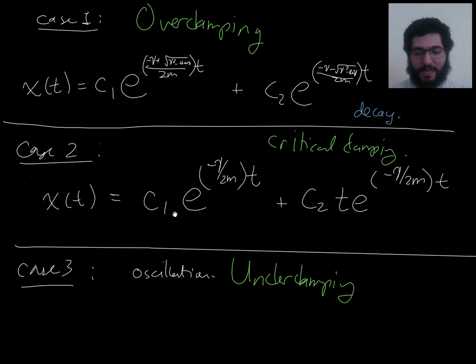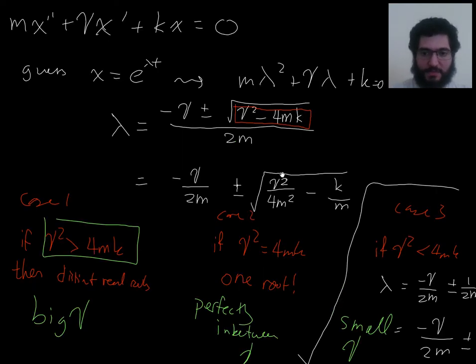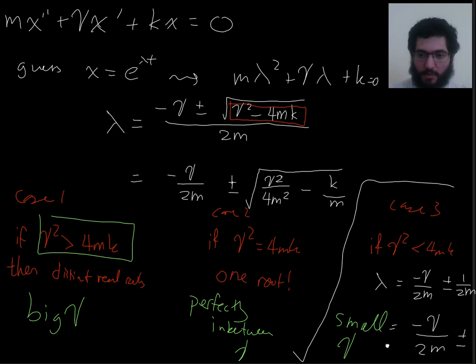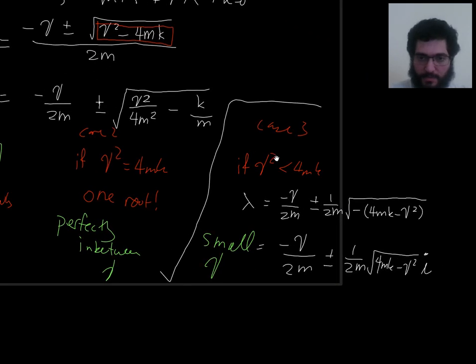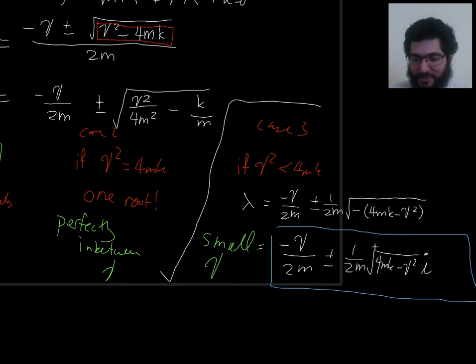Let's finally look at the underdamped case. So this is where gamma is small, and we found that gamma squared less than 4mk. We found that these are our complex roots. And we know how to interpret the real and imaginary parts, a little bit at least.